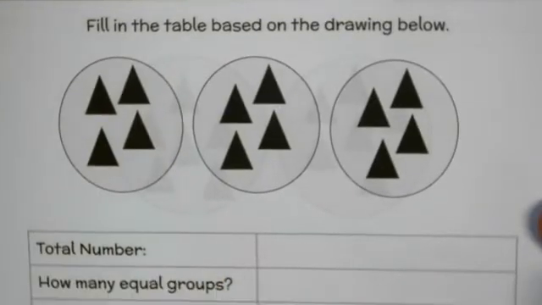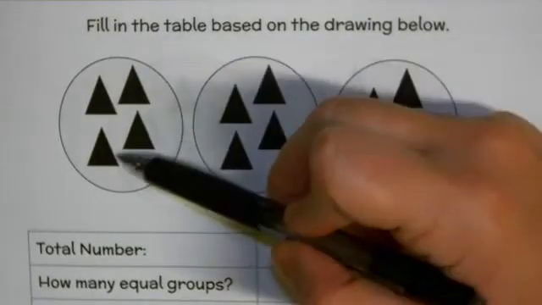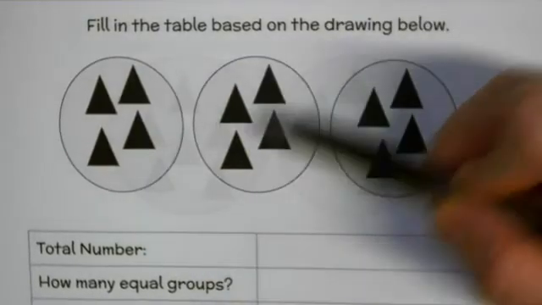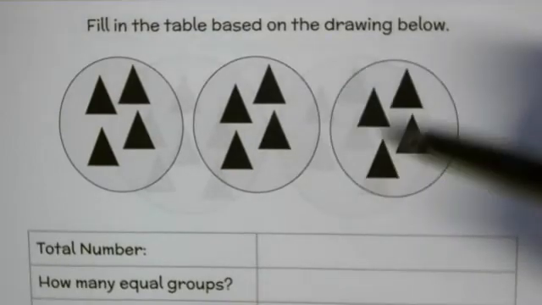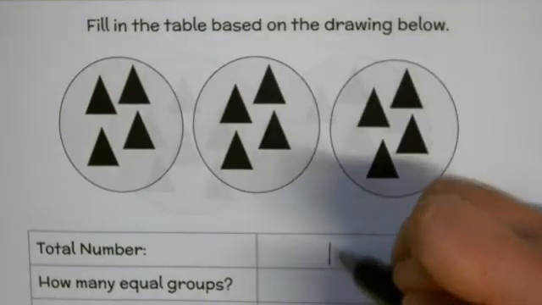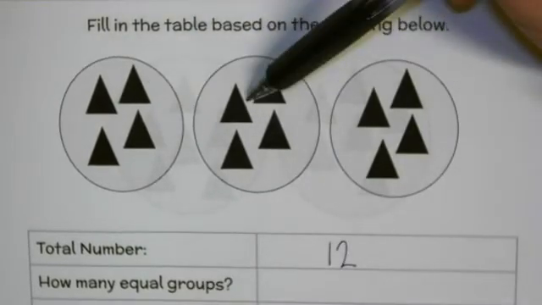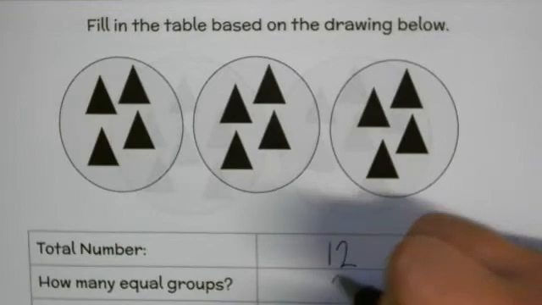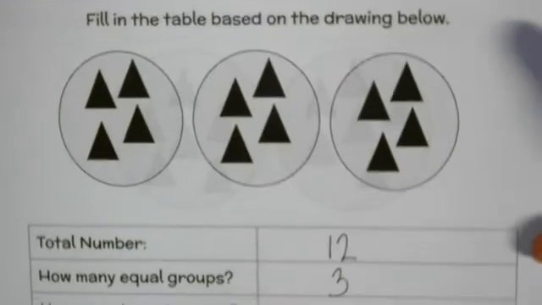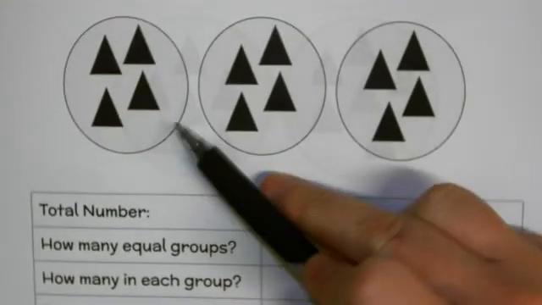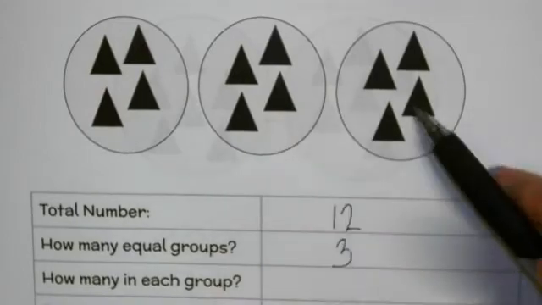Okay, fill the table in based on the drawing below. So total number of triangles: 4, 5, 6, 7, 8, 9, 10, 11, 12. How many equal groups are there? 1, 2, 3. How many are in each group? 4, 4, 4.